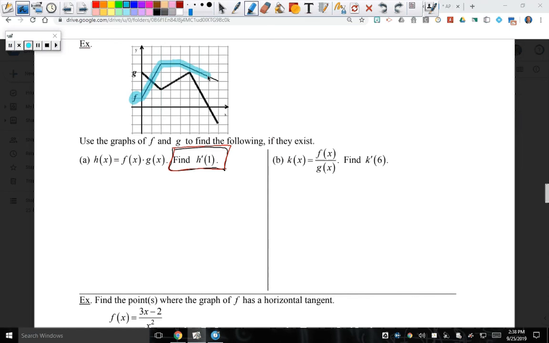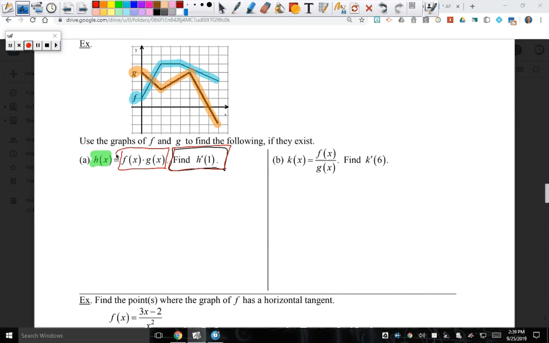I have an f and I have a g. But I do know that h is built from the multiplication that exists between f of x and g of x. Rovik, what do I do first? Plug in 1 to f of x and g of x.